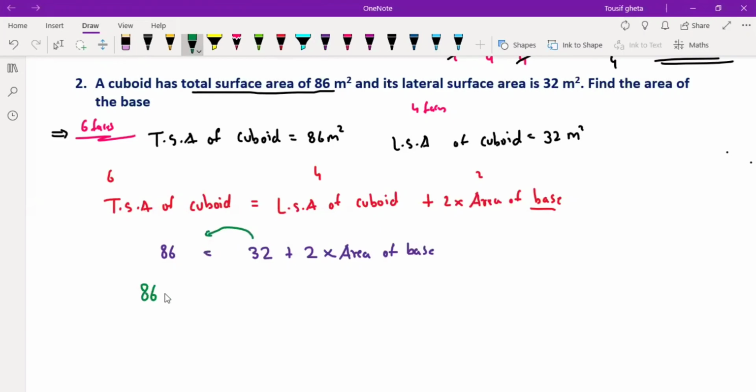That is, I am going to transpose it, so it becomes minus 32. So 2 into area of the base equals. Final step, 86 minus 32. That is very simple. 86 minus 32 will give the value 54. 2 into area of the base.